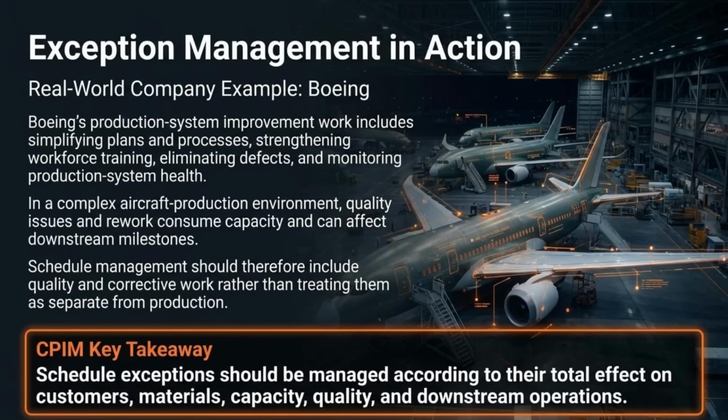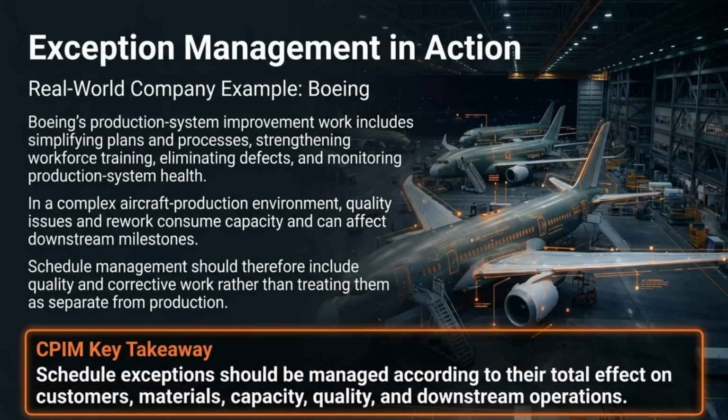Real-world company example. Boeing. Boeing's production system improvement work includes simplifying plans and processes, strengthening workforce training, eliminating defects, and monitoring production system health. In a complex aircraft production environment, quality issues and rework consume capacity and can affect downstream milestones.